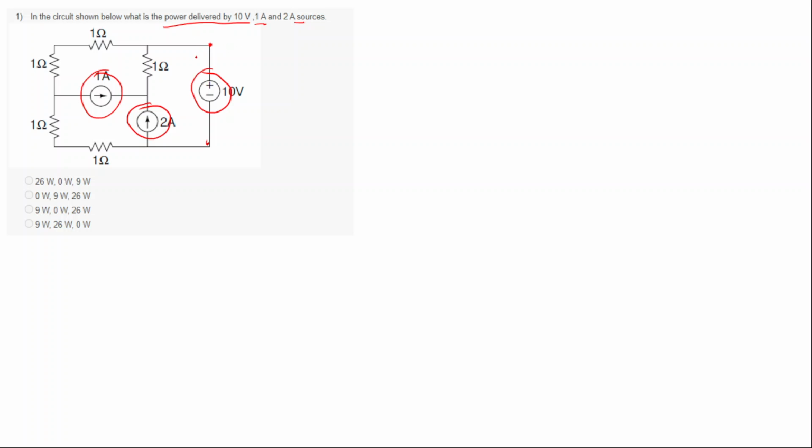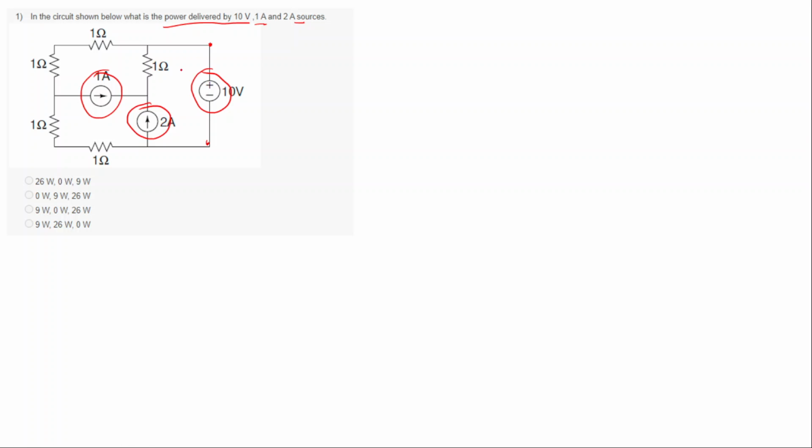If the current is flowing into the higher potential terminal, then the source is receiving the power. If it is flowing out of the higher potential terminal, then it is delivering the power. Okay. Let's solve that.